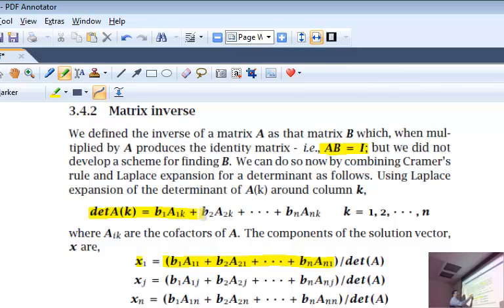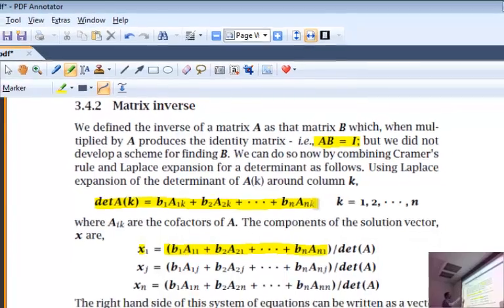Determinant of Ak in general is like this, where the kth column is replaced by b. So for x1, the first column is replaced with b. And for the jth one, the jth column is replaced with b, etc. So that is the Laplace expansion, and this is Cramer's rule. By combining these two, I have obtained the solution for each element of that vector x.